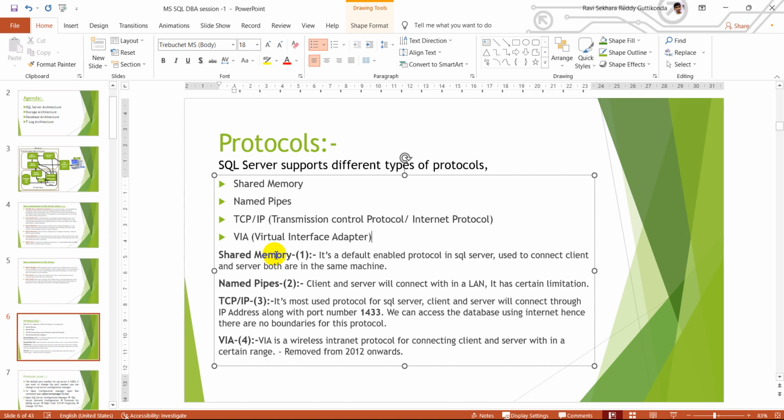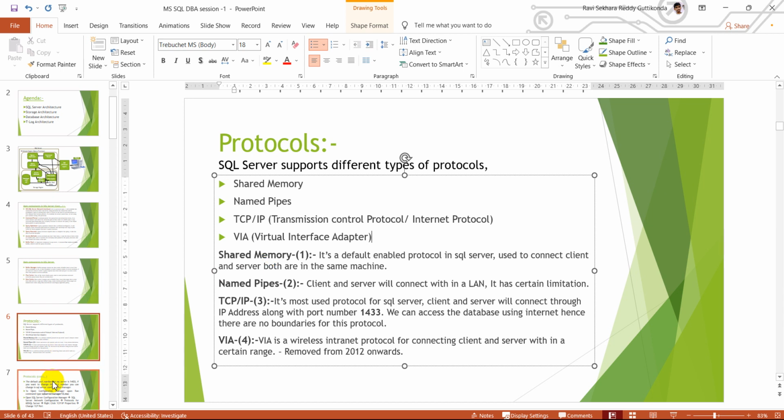So it has a very limited range, and we cannot access it on the 10th floor. This is another limitation of this protocol. This VIA protocol has been removed from SQL Server 2012 onwards.